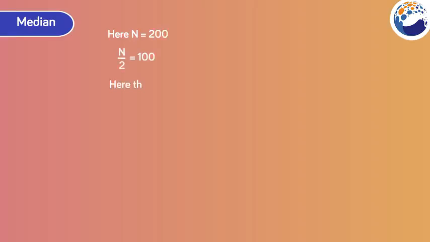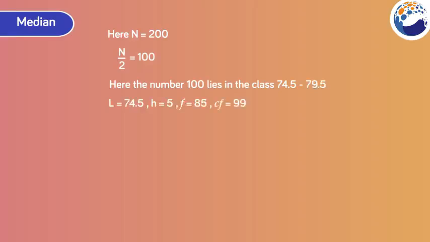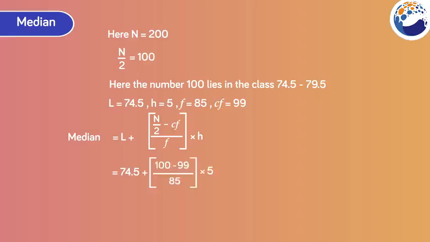Here the number 100 lies in the class 74.5 to 79.5, and lower limit L is 74.5 and H is equal to 5. Median is equal to L plus (n by 2 minus cumulative frequency) upon frequency, into H, which is equal to 74.5 plus (100 minus 99) upon 85, into 5.